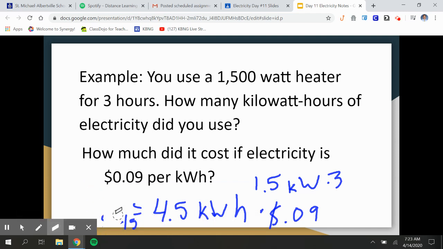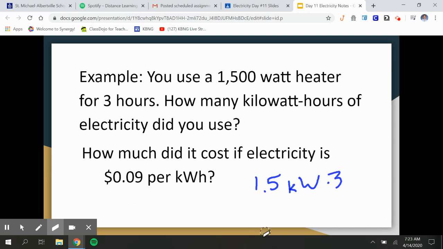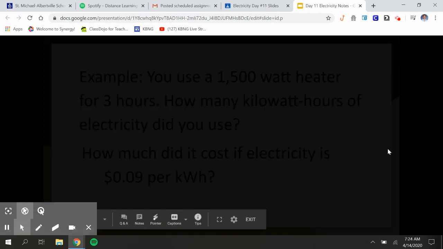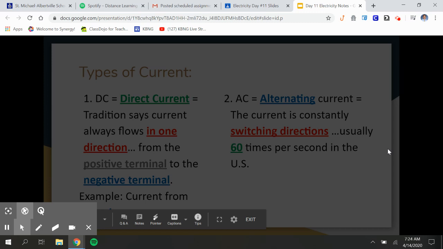So you're going to be doing that today. We're going to give you a price, and you have to figure out how much energy you're actually using for 2 devices in your house. So let's say it takes you a half hour to charge your phone. So that's 0.5 hours. And then you have to figure out how much energy was actually used there. So that's your job today in your exit ticket.